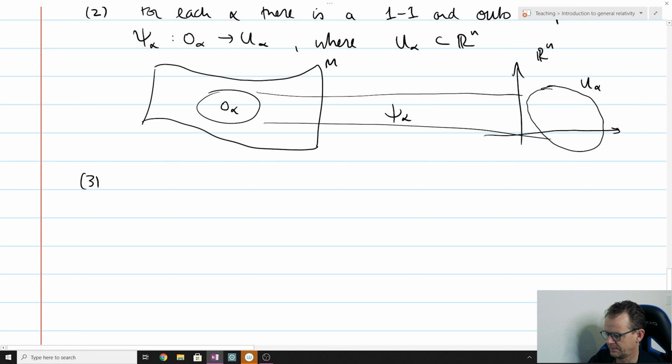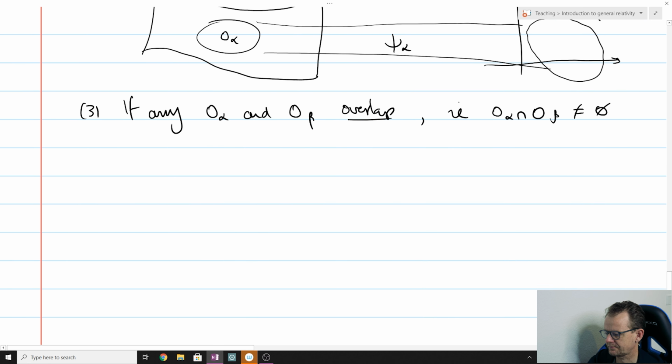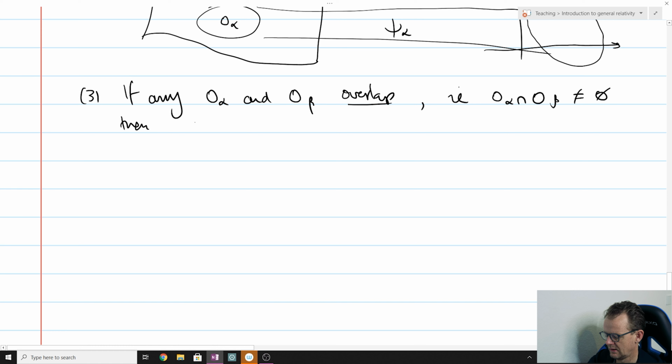Now the third part of the definition concerns the sewing or the gluing of these pieces. If any of these pieces O alpha and O beta overlap, if they have common points, so if you take the intersection and you don't get the empty set, then you can define a new map. This new map is composed of this psi beta and this psi alpha inverse. Psi alpha inverse exists because it's one-to-one and onto.